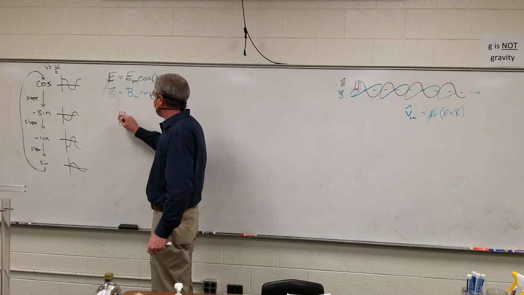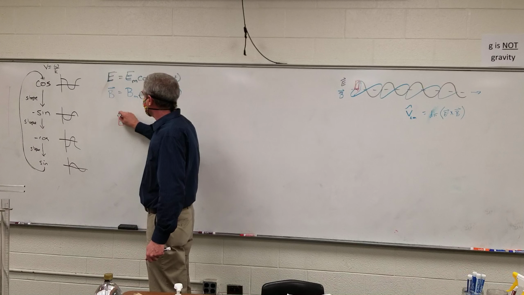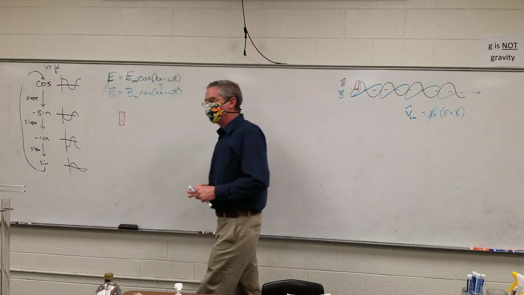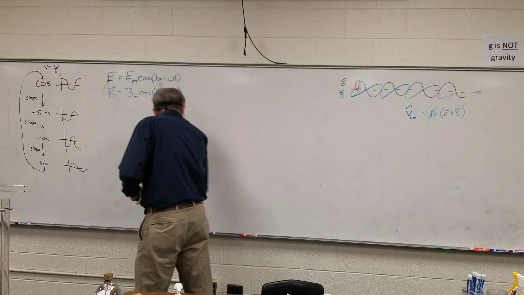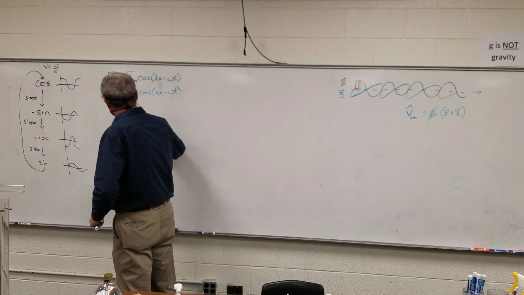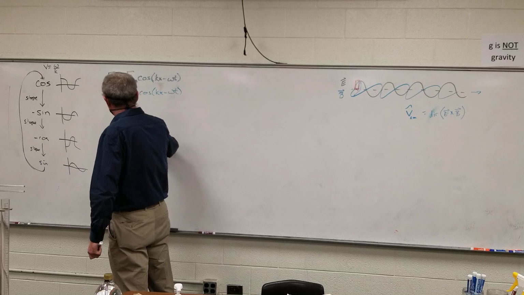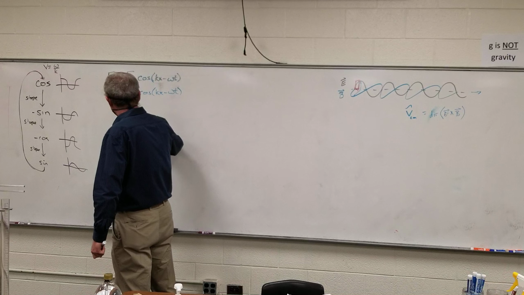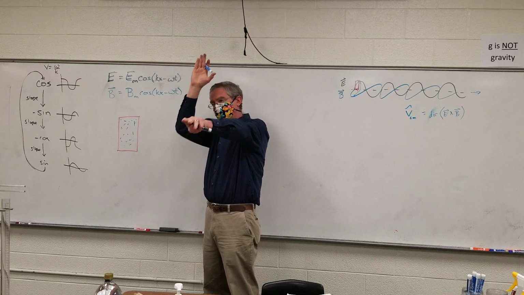I'll represent the magnetic field coming out by these dots here. Coming out. I'm gonna draw this bigger. Because again, my electric field is up, my magnetic field is this way.